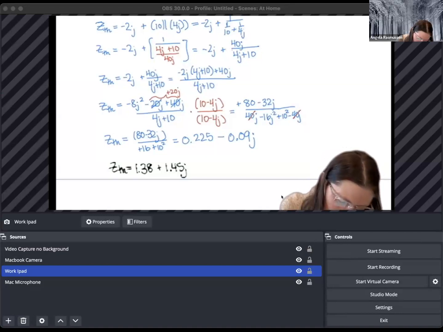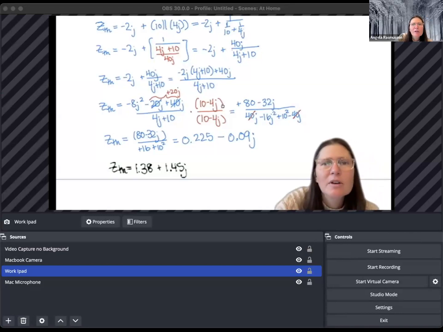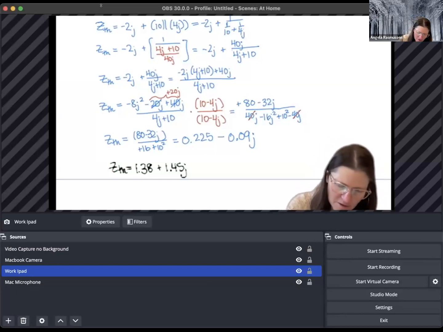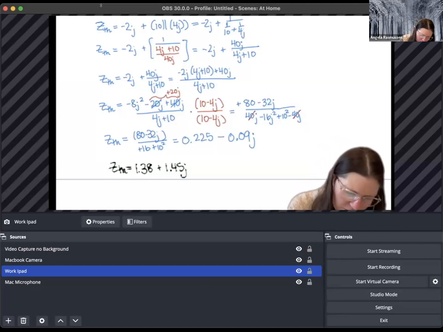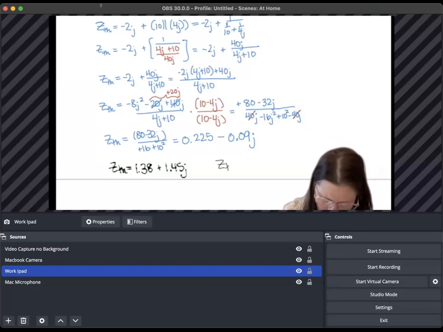So 40J on the bottom. Yeah, I tried it again.